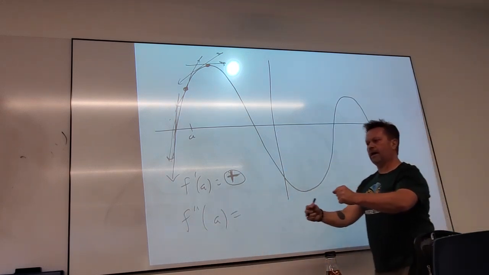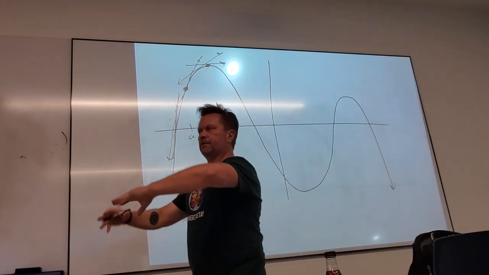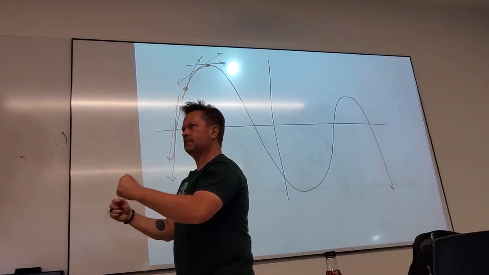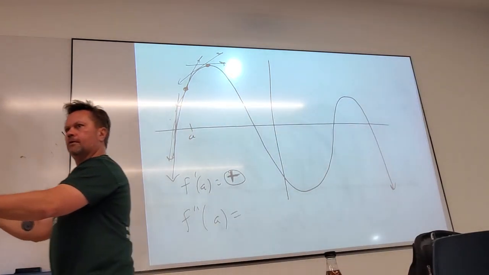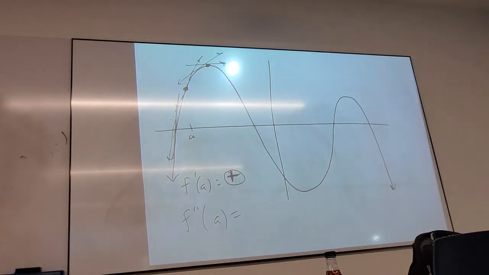If I am speeding up, then I must be accelerating in the direction I'm going. If I'm accelerating, that means that I'm going faster in that direction. Yes? What's the technical name for slowing down? Decelerate. I'm accelerating backwards. It's kind of neat.